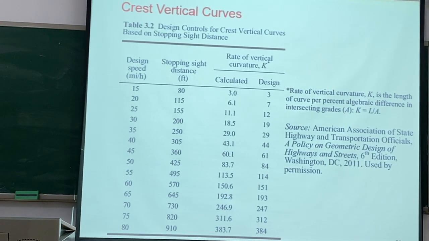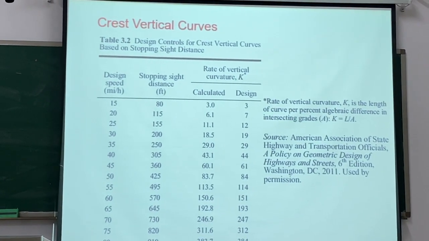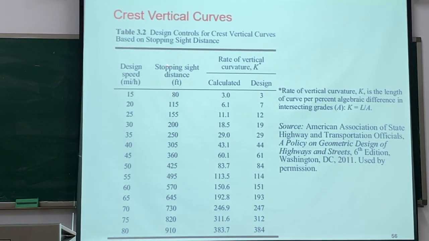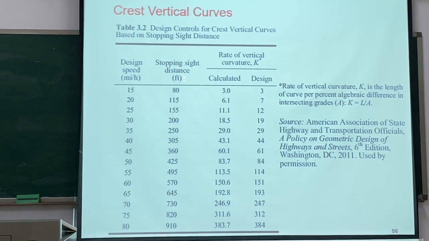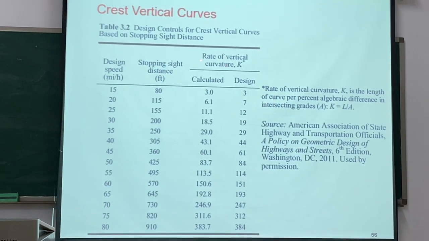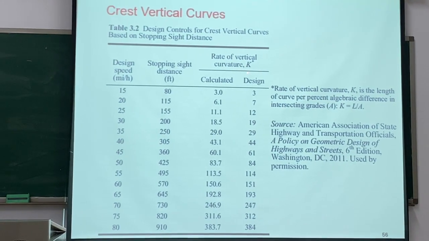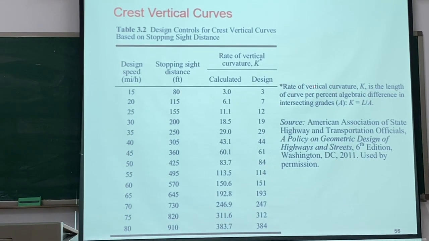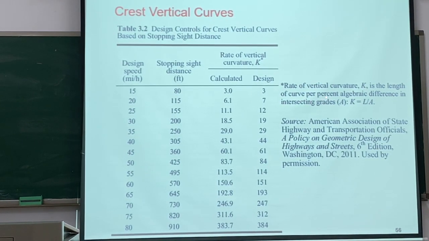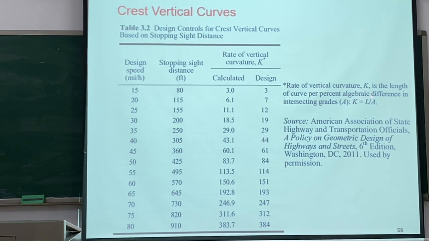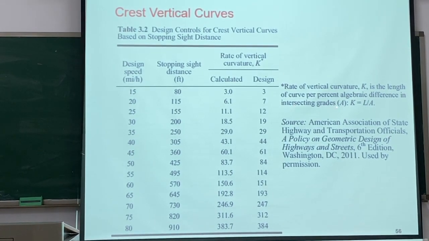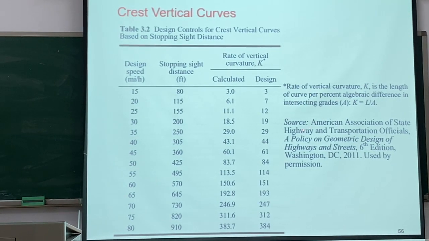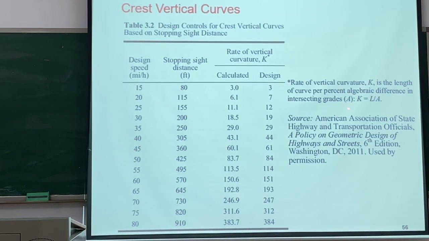From this table, we can know the stopping sight distance for different design speeds. The rate of vertical curvature K is the length of vertical curve per percent algebraic difference in intersecting grades.